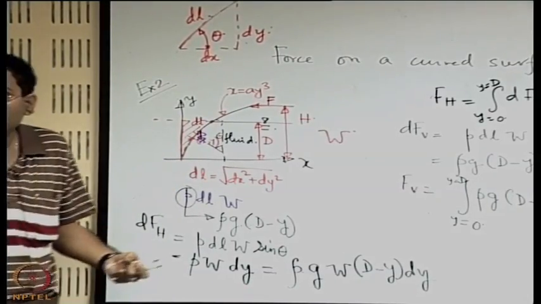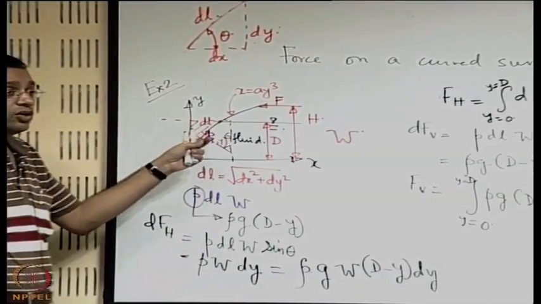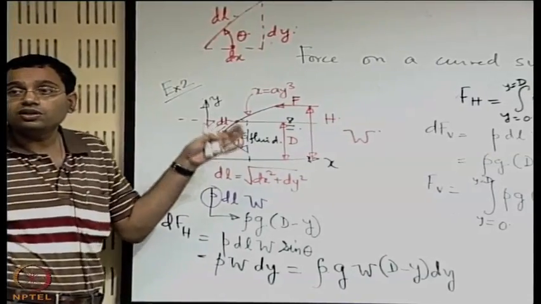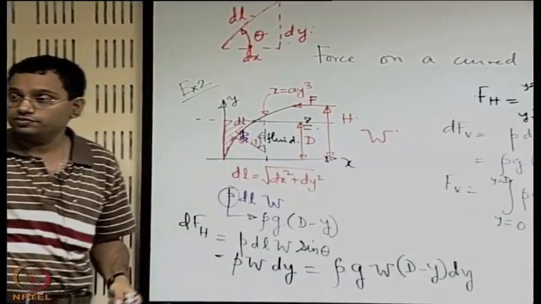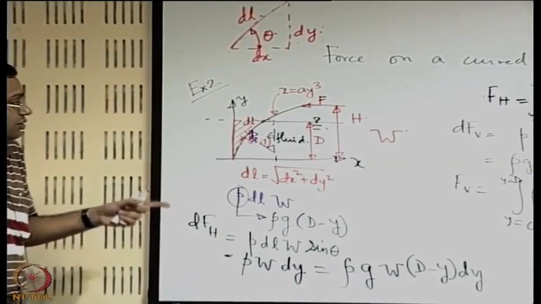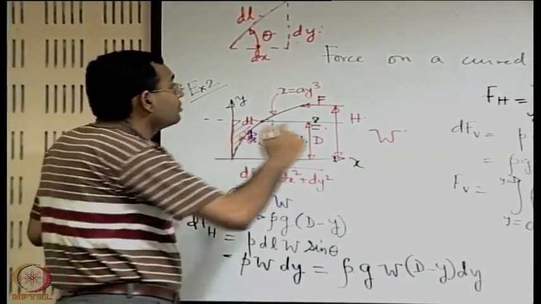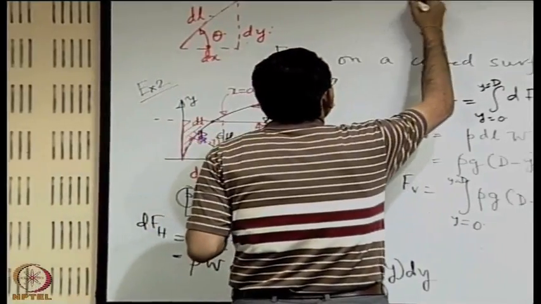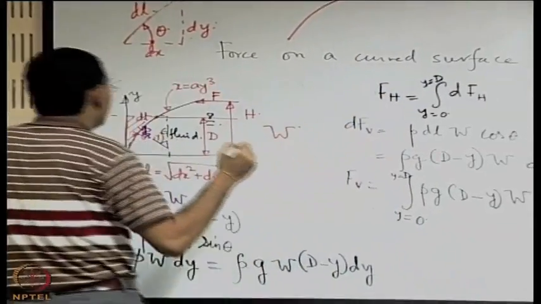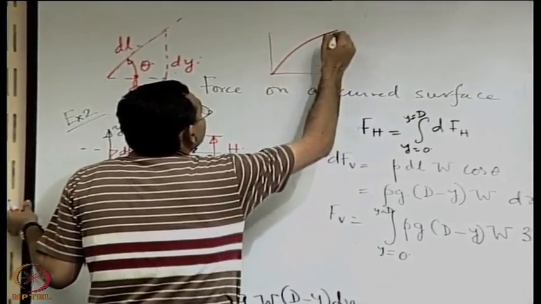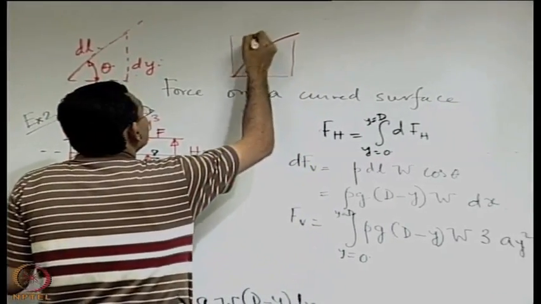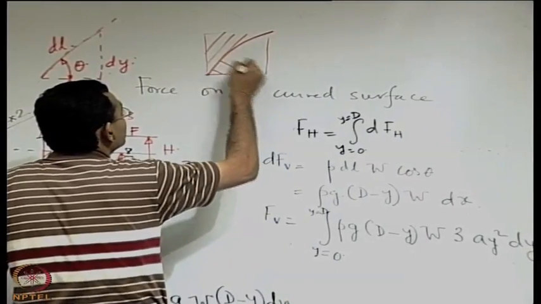So how can you claim that the weight of this shaded volume of fluid will give you the vertical component? So just think in this way, let us say that this is a curved surface, and let us consider that there is a volume of fluid, one on this side, another on this side.